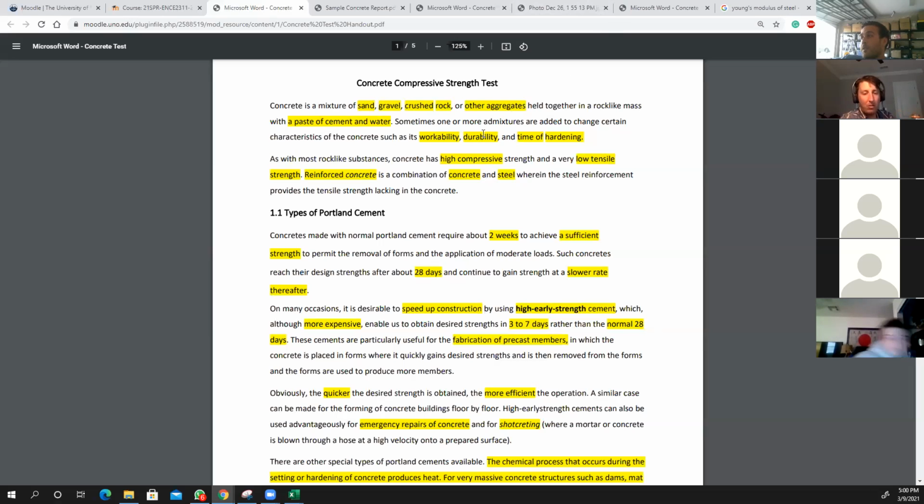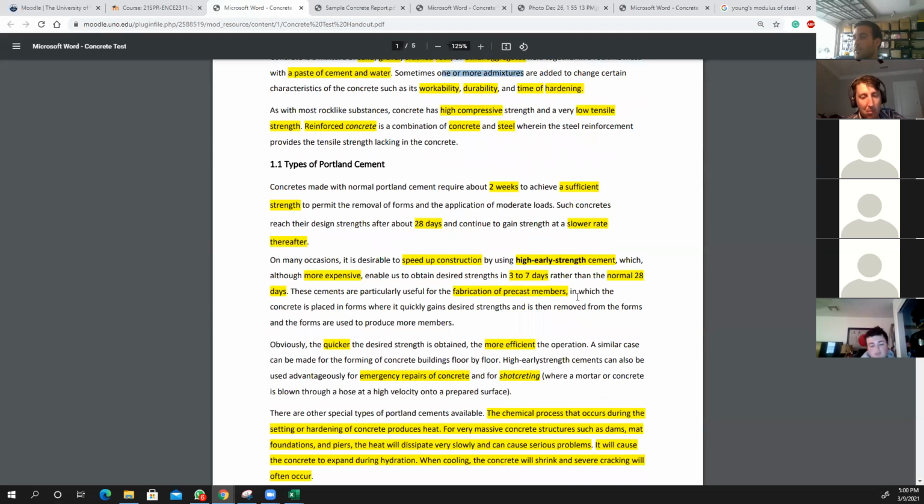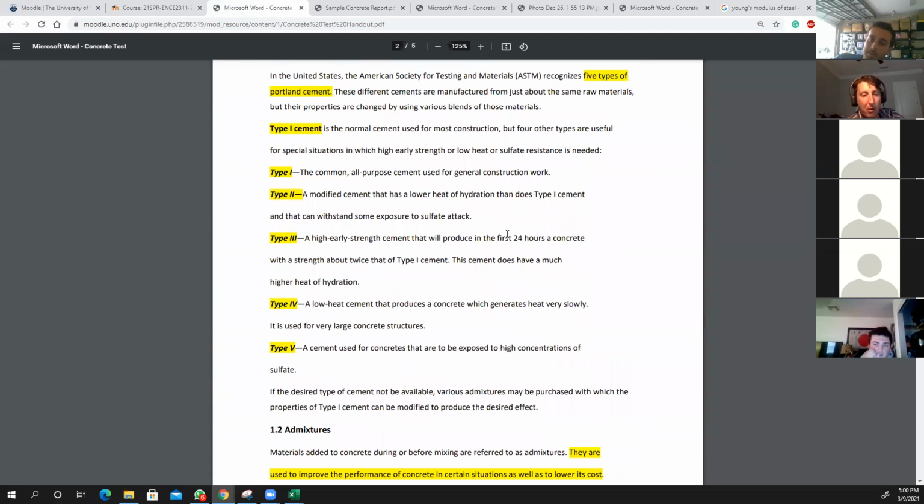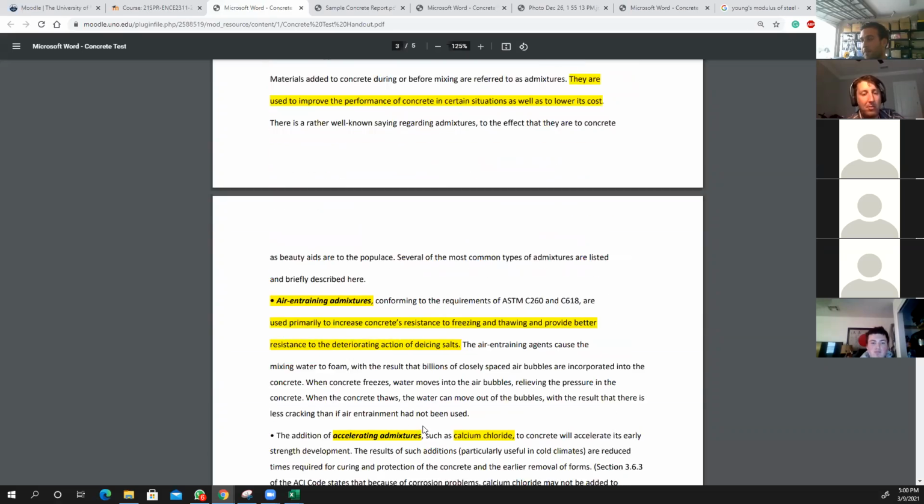We can also use admixtures to increase the durability of the concrete, and we can add admixtures to change the time of hardening, because we want to be ahead of the game, and we want to gain strength at early stage of the concrete. So in that case, we have to use different admixtures. And in this handout, you can see different types of admixtures and what they are used for, and you can see the cement types. All you have to do is read over it and then summarize it in your theory section as a background for the concrete report.